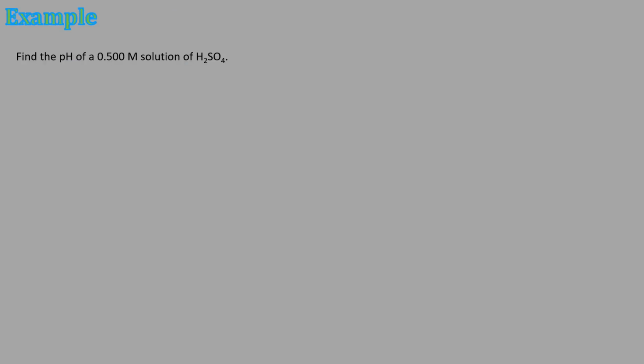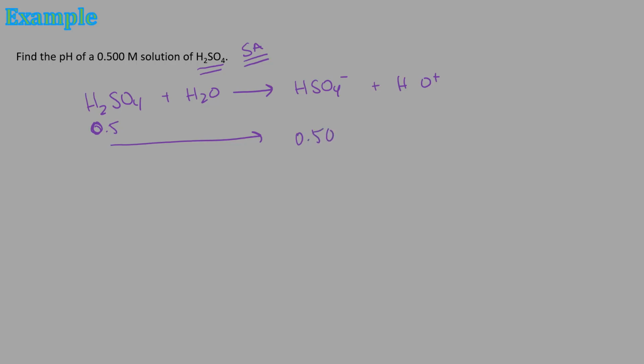Find the pH of a 0.5 molar H2SO4 solution. Okay, so H2SO4 is a strong acid, right? When it is in water, we only dissociate one of those H's, and we get HSO4 negative plus hydronium. Since we have 0.5 of this, it dissociates 100% into 0.5 molar of that and 0.5 molar of that.